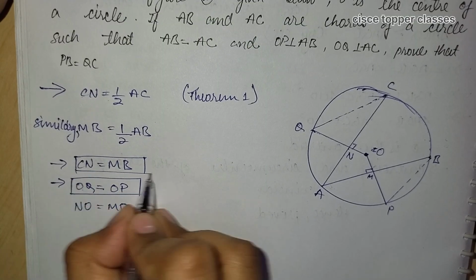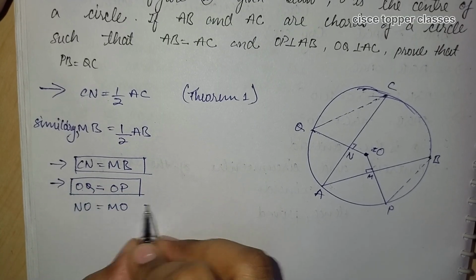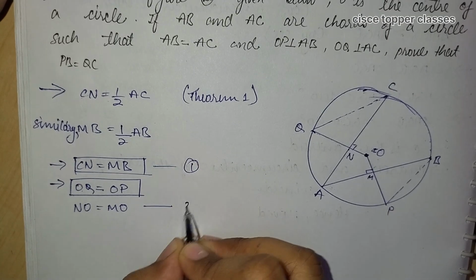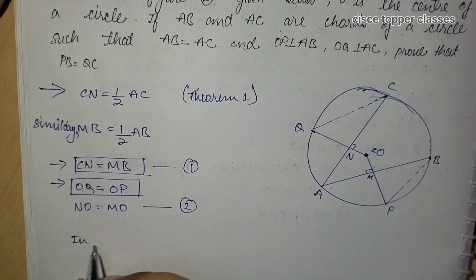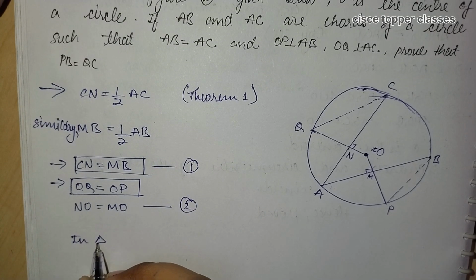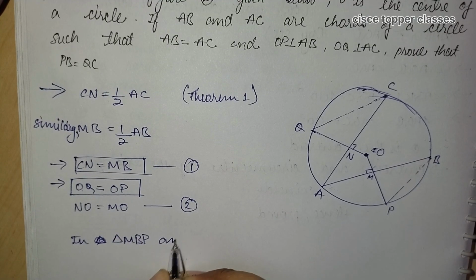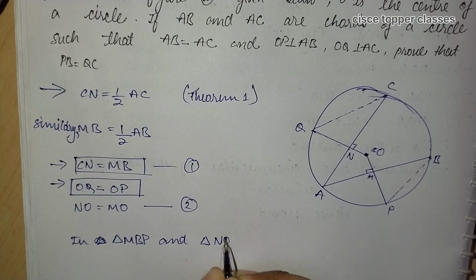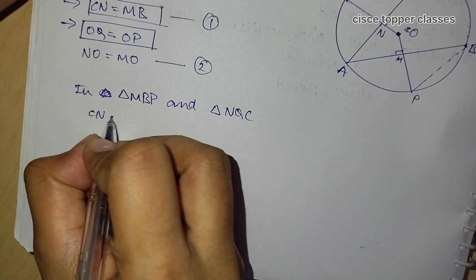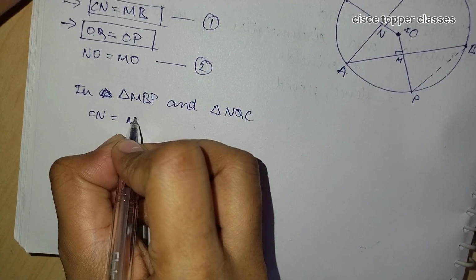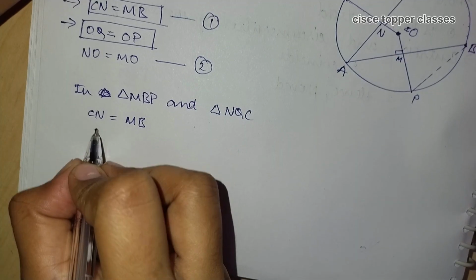And CN is equal to MB here. So using the first and second, we can prove in triangle MBP and triangle NQC. Here we have, as we proved previously, that CN is equal to MB and ON.